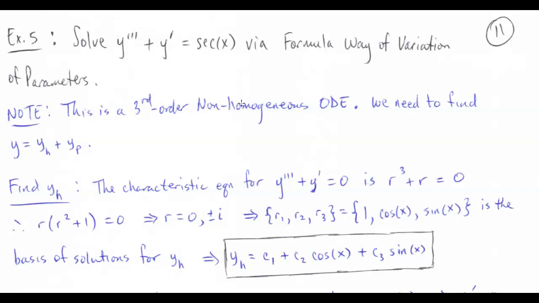So for this example, we're dealing with a third order linear non-homogeneous equation, and we're going to solve this using the formula way of variation of parameters. We're going to do this because we're going to utilize the formula that I talked about in the part 1 video to implement this.